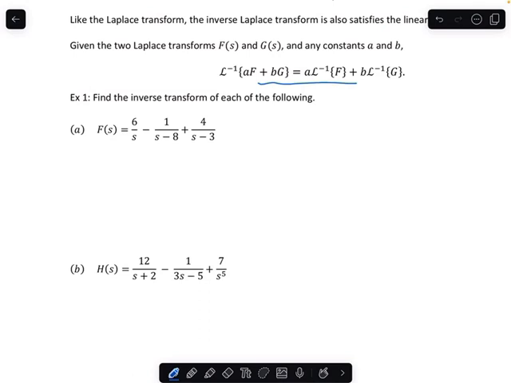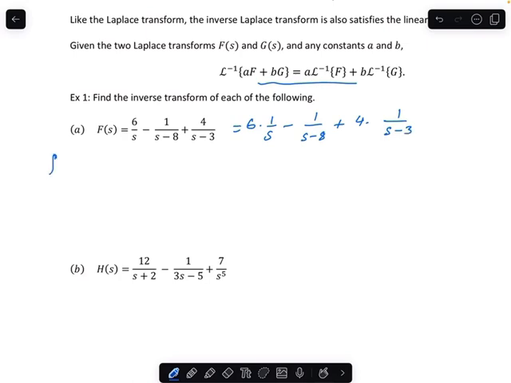In the first case, in this example, the only thing you might do, and in the later examples you will see that you don't need to do this step even, you might write 6 times 1 over s minus 1 over s minus 8 plus 4 times 1 over s minus 3.